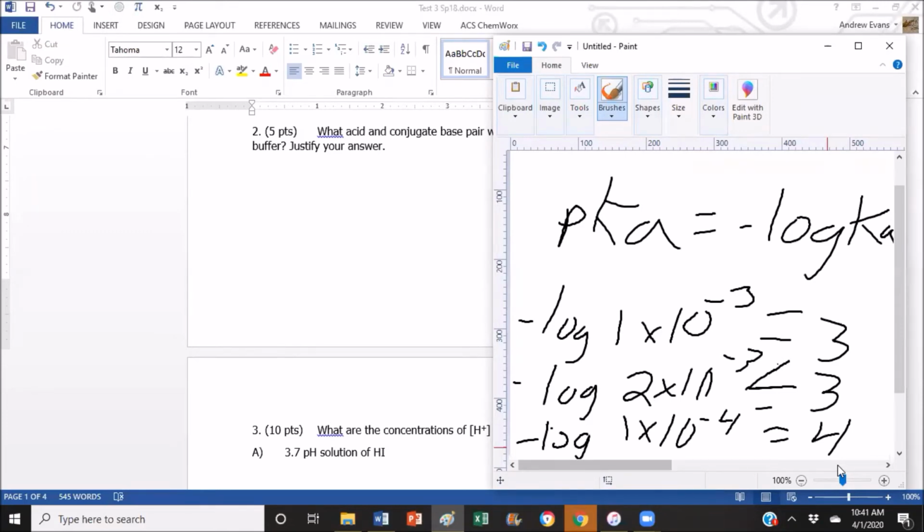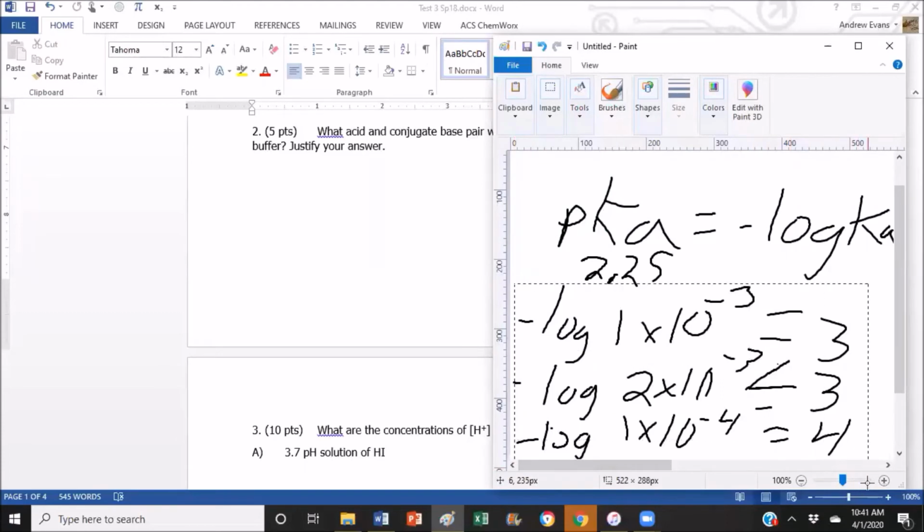So I'm looking down my list. I see arsenic acid, which has a Ka of 5.6 times 10 to the negative third. I take the negative log of that, and the pKa is 2.25. Would that work? Is that within plus or minus 1 pH unit of 2.7?